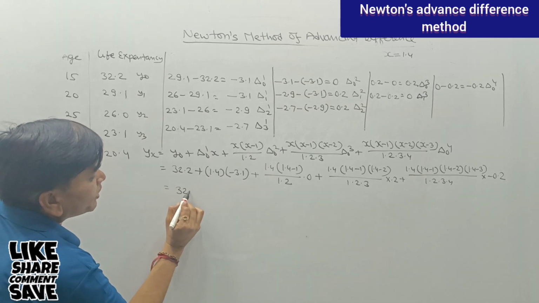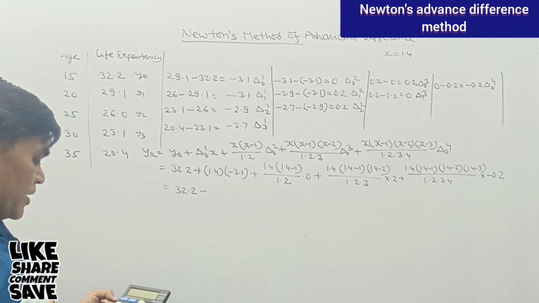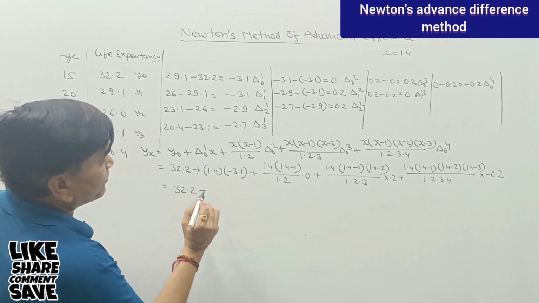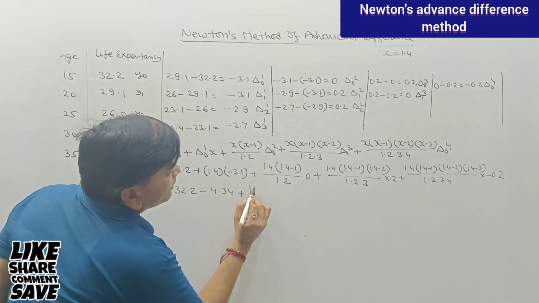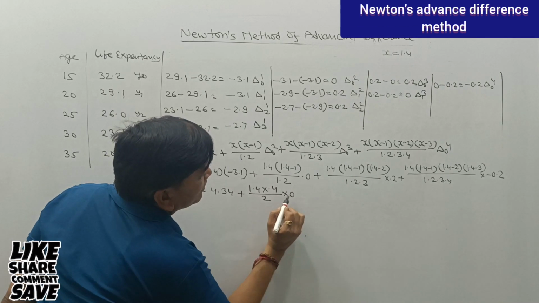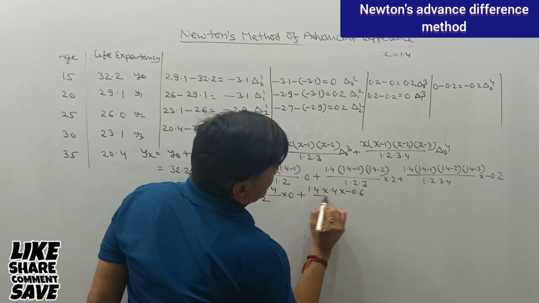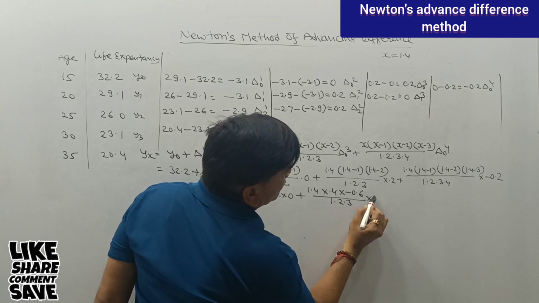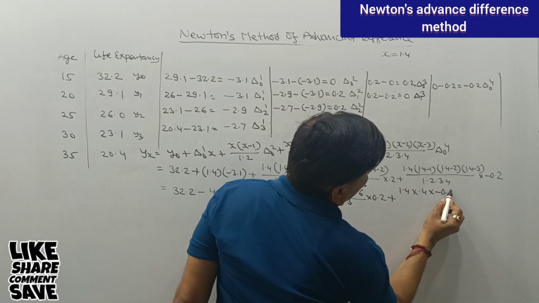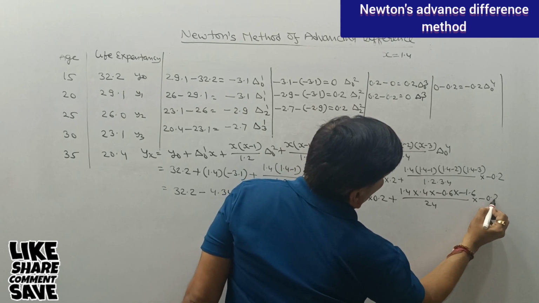So calculating this: 32.2 minus. The very first value is 32.2 is plus value. 1.4 multiply 3.1 is minus value, that is minus 4.34, plus 1.4 multiply 0.4 divided 2 multiply 0, so that all will be 0. 1.4 multiply 0.4 multiply 0.6 divided 1 2 3 multiply 0.2, plus 1.4 multiply 0.4 multiply minus 0.6 multiply minus 1.6 divided 24 multiply minus 0.2.